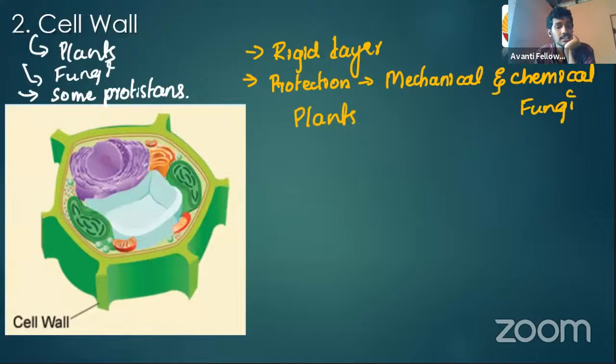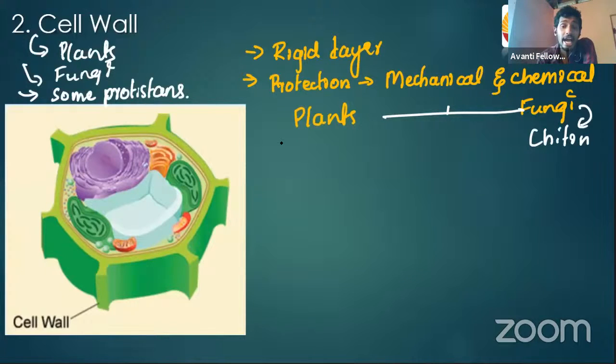In fungi the cell wall is majorly made up of a chitin kind of structure, and in plants it is normally made up of cellulose, a kind of carbohydrate.